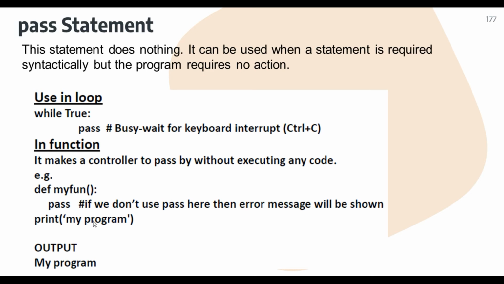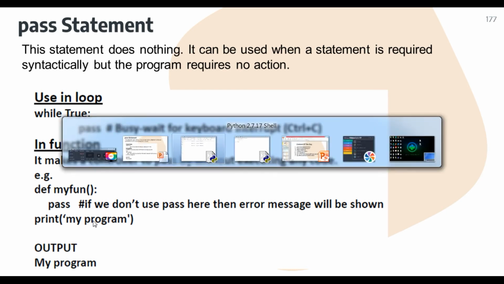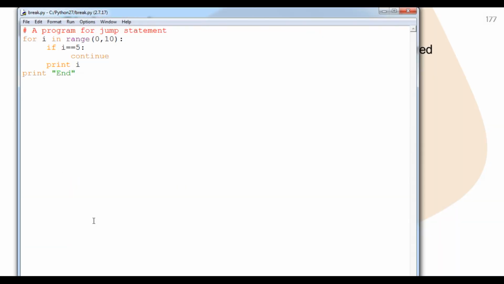So I will show you what is the use of that practically. I'm going to use the Python code again, so I'm going to close this. Suppose I'm using an indentation without pass, what will happen? Look at the screen.